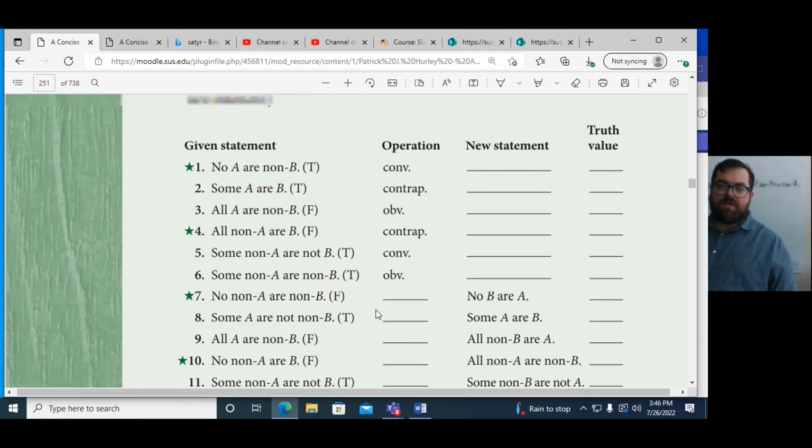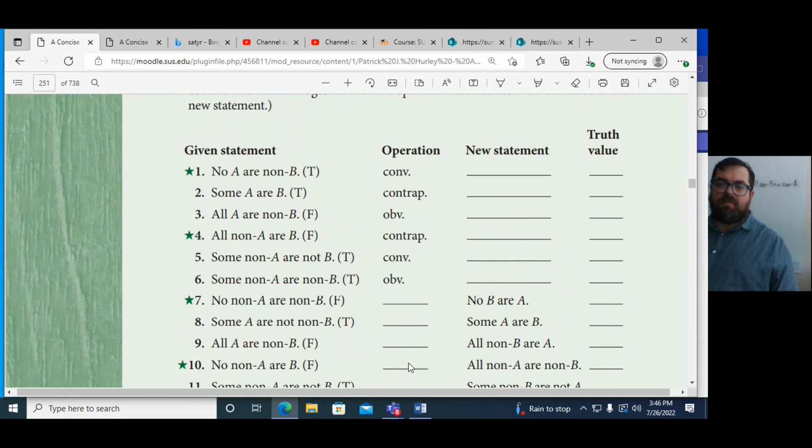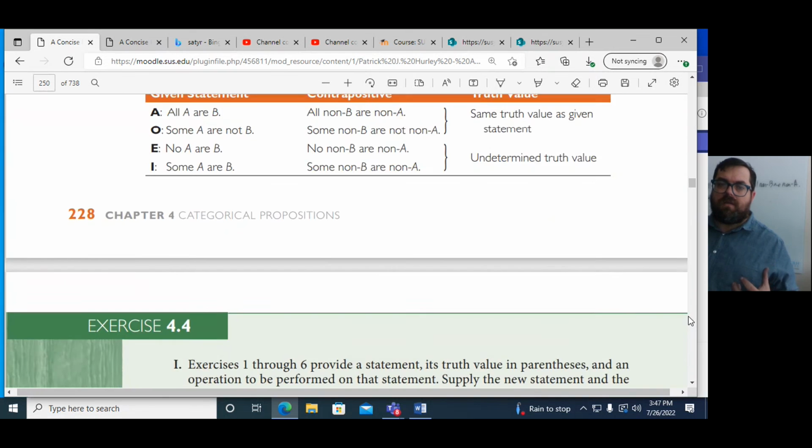What you're supposed to do is see what is being claimed by either the operations or the new operated statement, and then guess what the operation is. And if there's a logically equivalent statement, you'll write the truth value over here for the logically equivalent statements, right? And that's the homework.